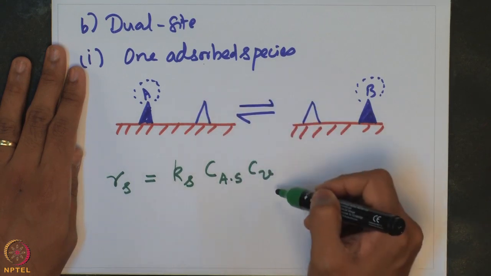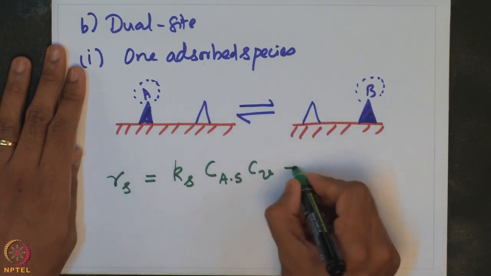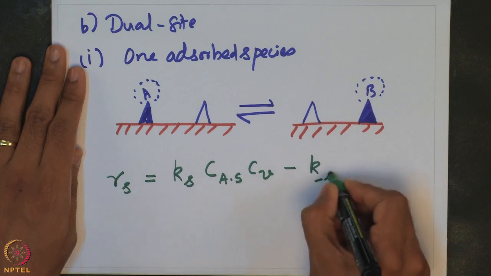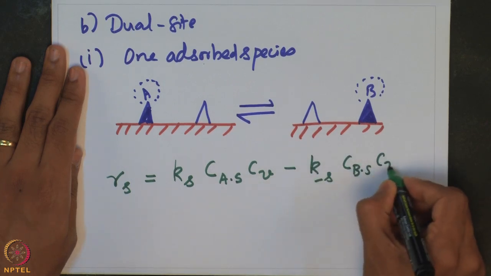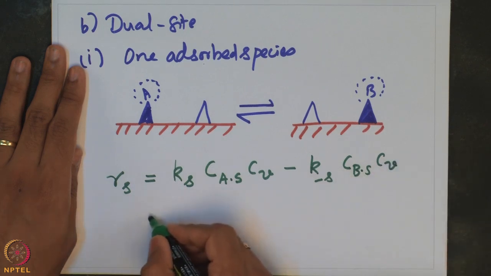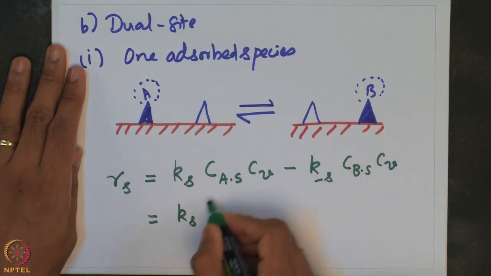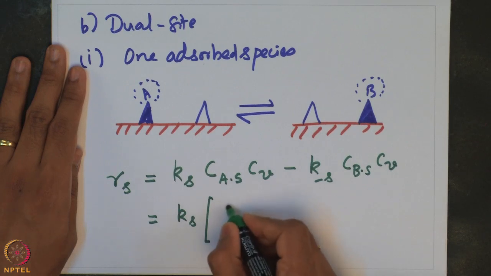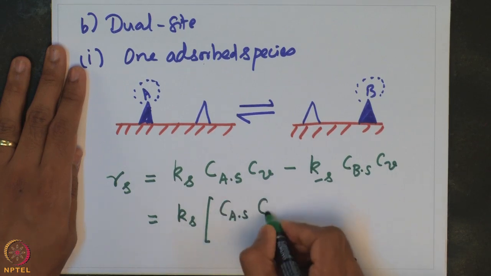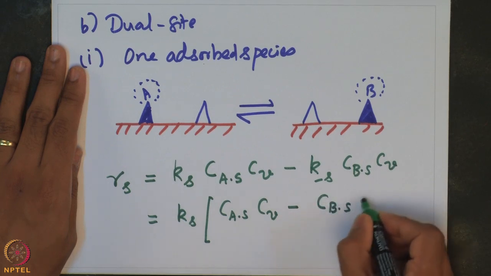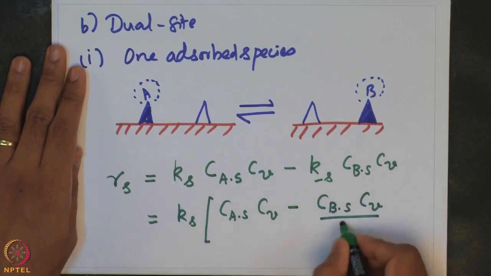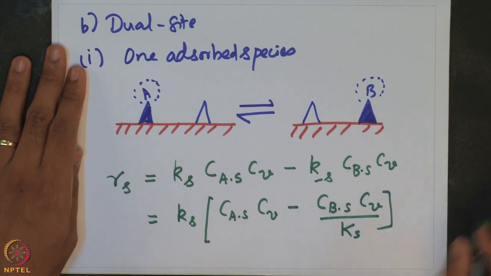So, we need to account for the concentration of the vacant sites as well, minus K minus S into C_Bs into C_v. So, essentially this is equal to Ks multiplied by C_As into C_v minus C_Bs into C_v divided by K_S, where K_S is now the equilibrium constant.